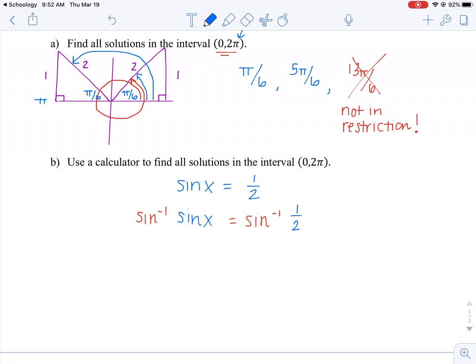Now this button, if you don't know how to find this button, I'm going to put a little arrow. You're going to press second, then press the sine button because that introduces the sine inverse. You write in what our value is, and then you press enter. So this is just pressing the second button before you press your trig function.